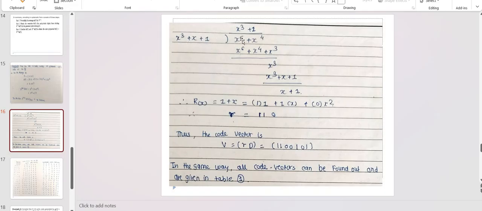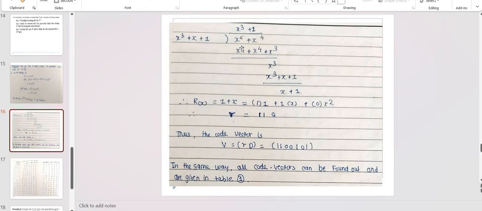which is x cube plus x plus 1. You can use the quotient x cube to make the x raised to 6. So x raised to 6 you will get; again x cube multiplied by x, you will get x raised to 4; again x cube multiplied by 1, you will get x cube.